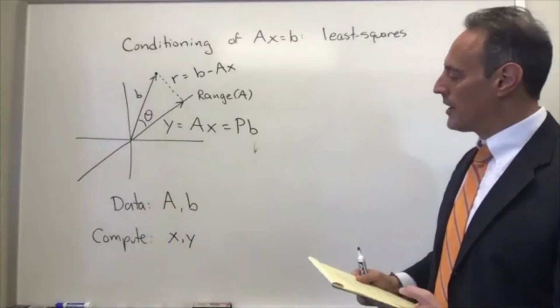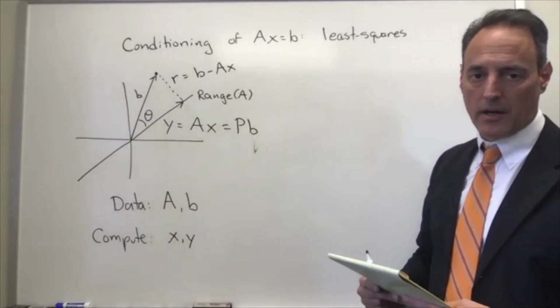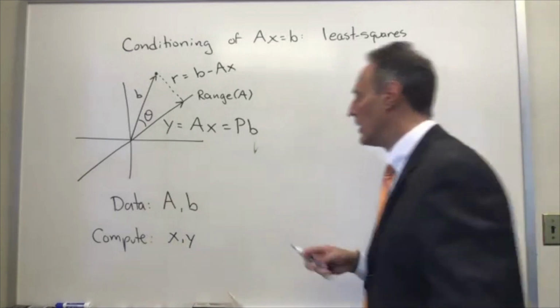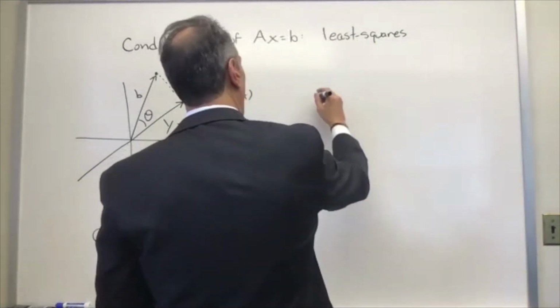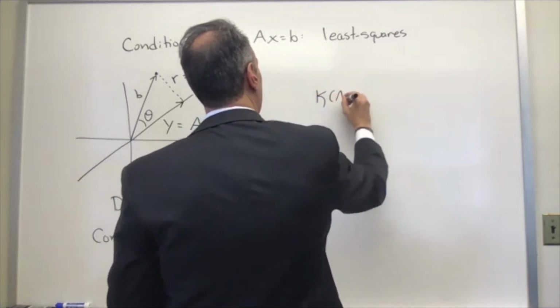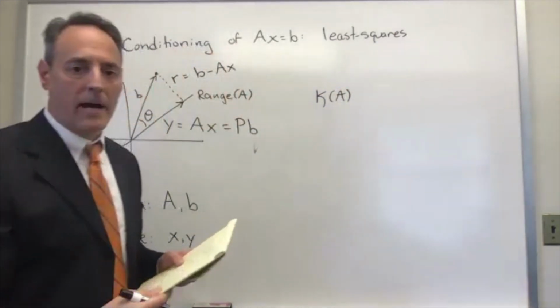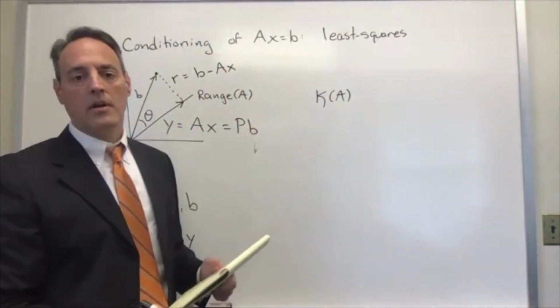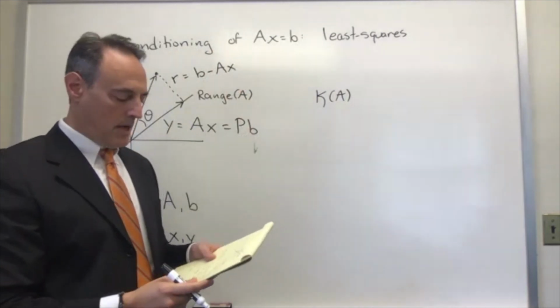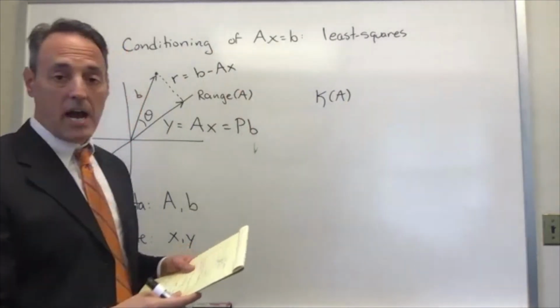So there's going to be some quantities I define here that are going to start setting up the conditioning for us. One, we've already talked about the condition number of a matrix. And we had already written this down previously.